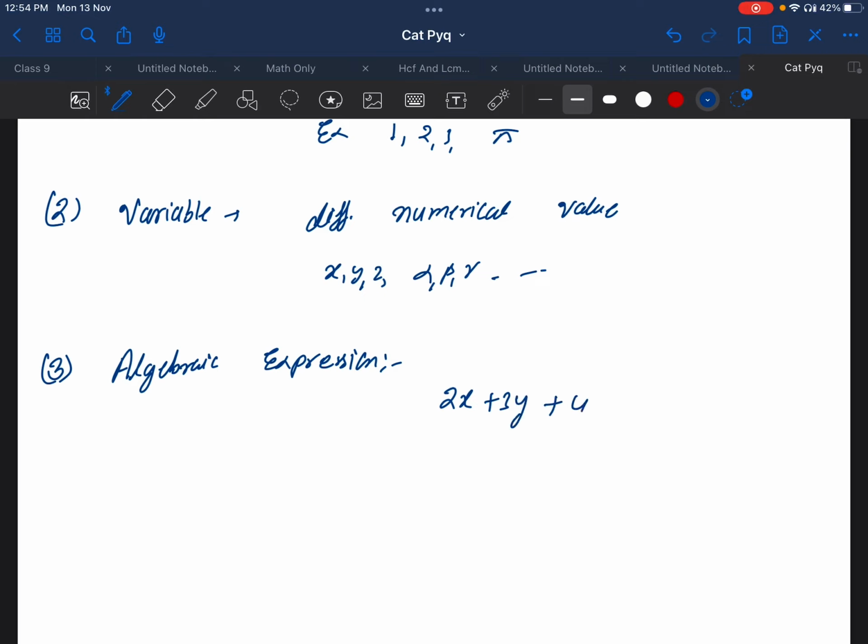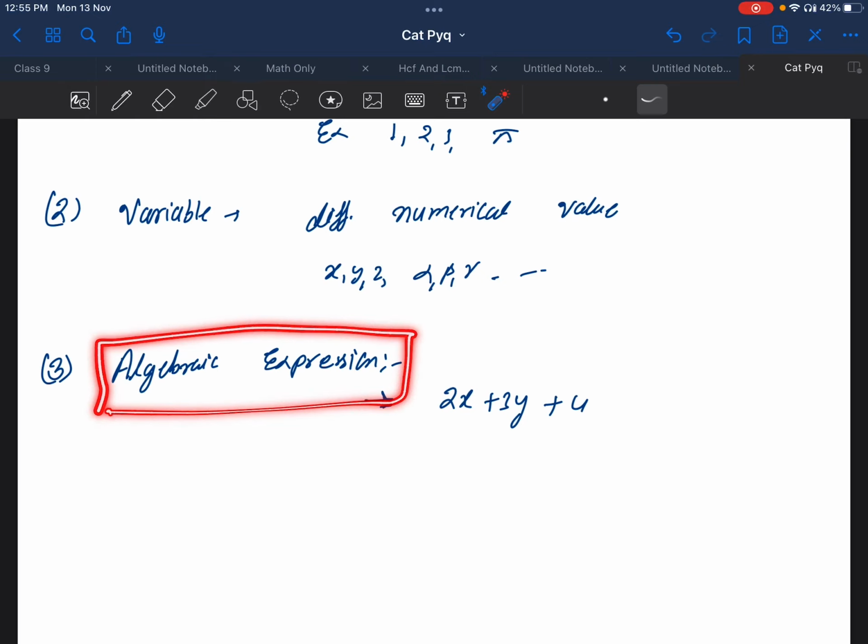We can clearly see that this is a combination of constants and variables. So these are called algebraic expressions.